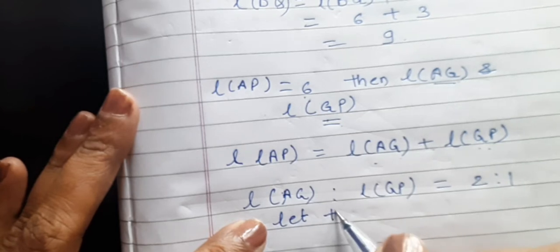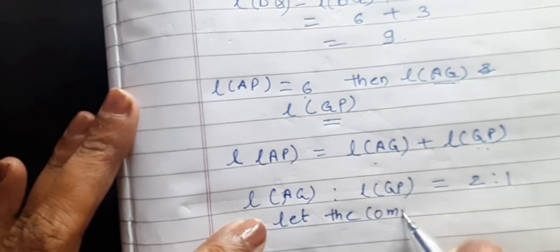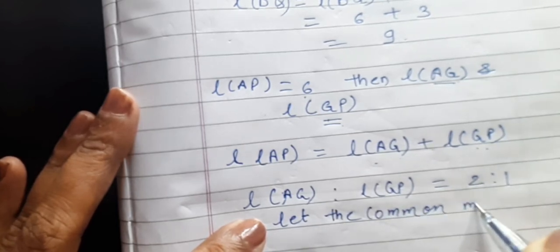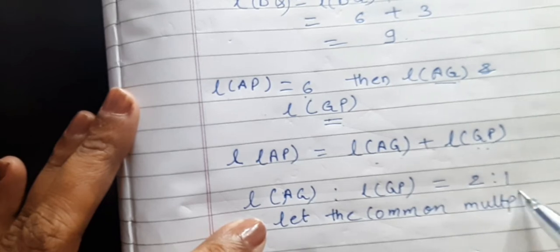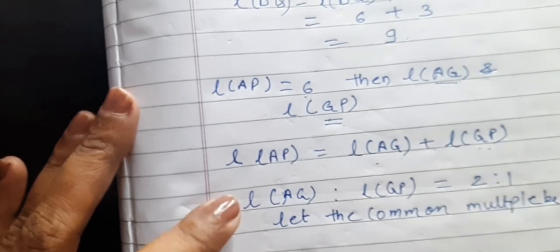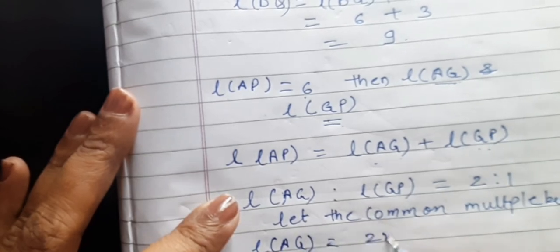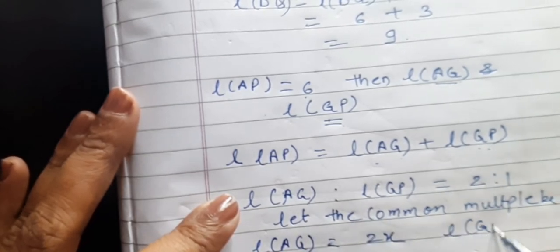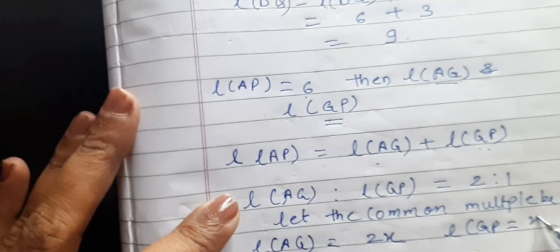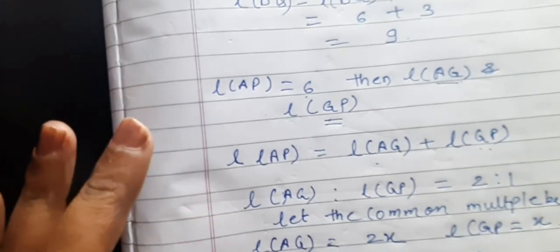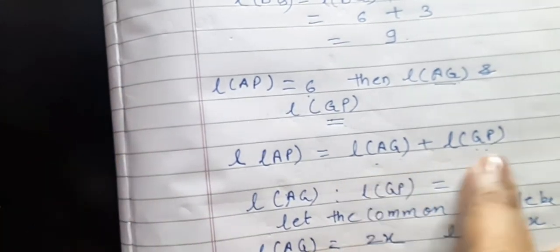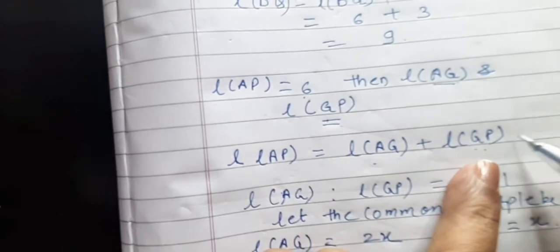So let the common multiple be x. So length of AG will be equal to 2x and length of GP will be equal to x.